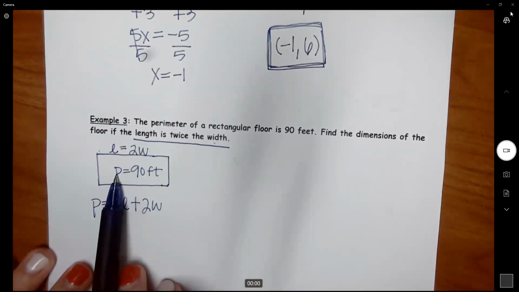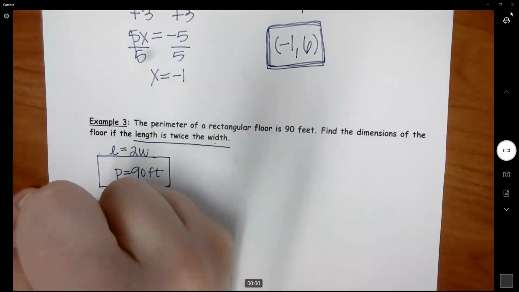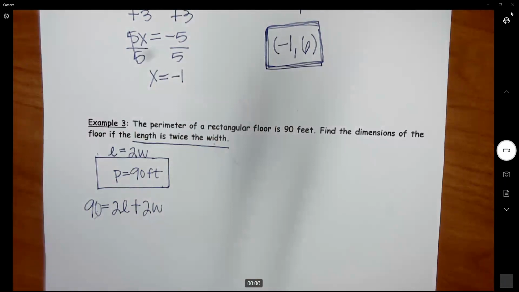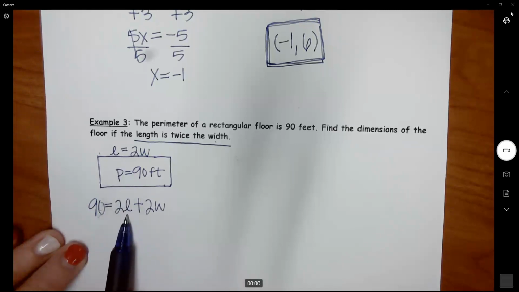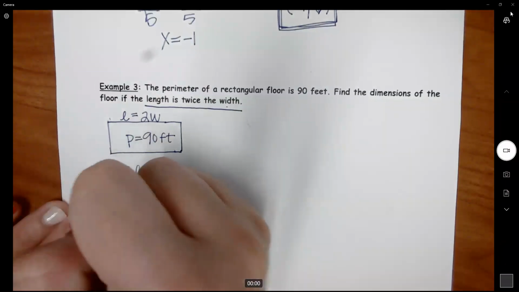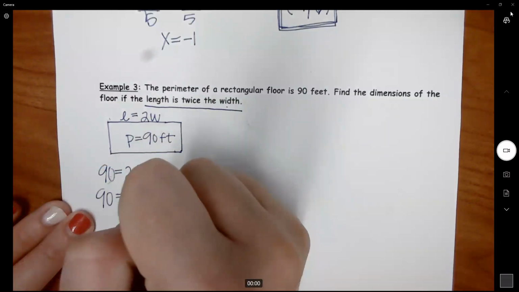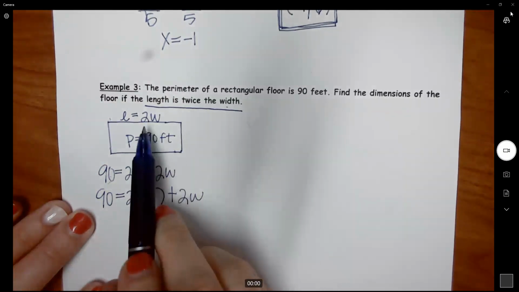I'm told that my perimeter is 90. And so here are my two equations. I already have this variable solved for, so I'm going to substitute that in here. So we've got 90 equals 2 times L plus 2W. L equals what? 2W.